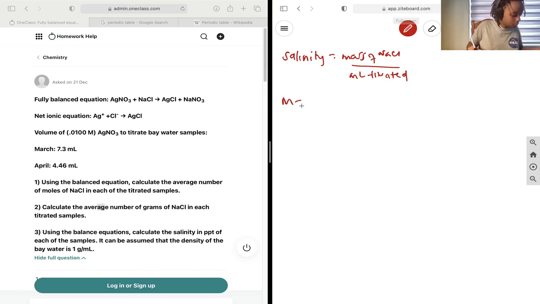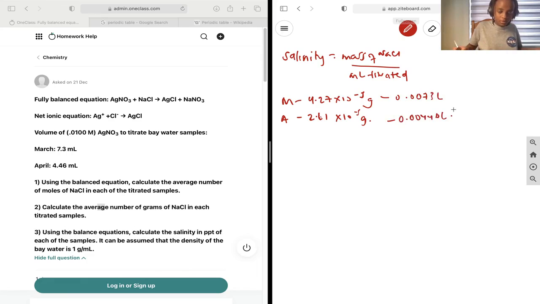Remember that from March we had 4.27 times 10 to the negative 3 grams. From April we had 2.61 times 10 to the negative 3 grams. And this corresponded to 0.0073 liters, 0.00446 liters. And so we're just going to plug that right back in.